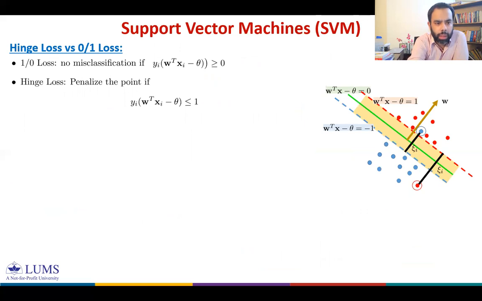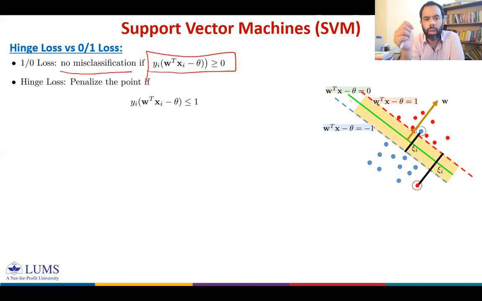The 0-1 loss is when we have no misclassification, or if yi (w transpose xi minus theta) is greater than 0. This green line is the decision boundary. If you have a point on the right of the decision boundary labeled as 1, the loss is 0. If yi (w transpose xi minus theta) is greater than or equal to 0, the loss is 0. If this is less than 0, the loss is 1. What is hinge loss?